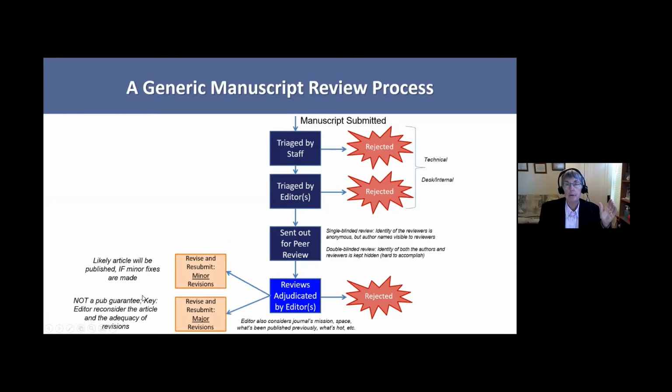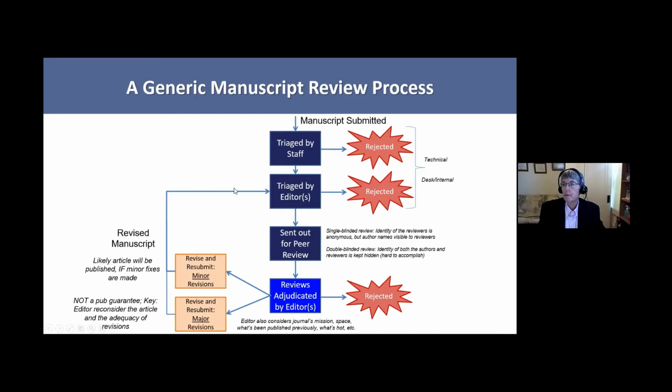If it's a major, that is not in most journals a guarantee that you're going to get published. What it tells you is the journal is interested, that the topic is timely, that it's probably a fit, but there are serious concerns about the lit review, the methodology, the results, etc.